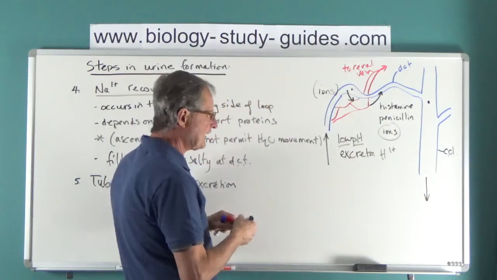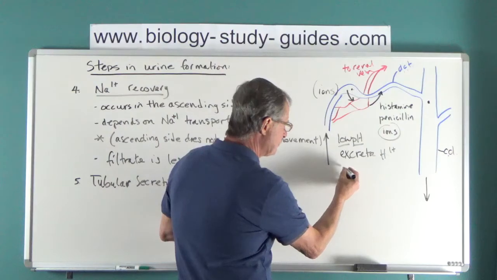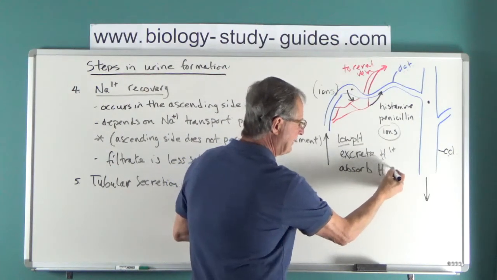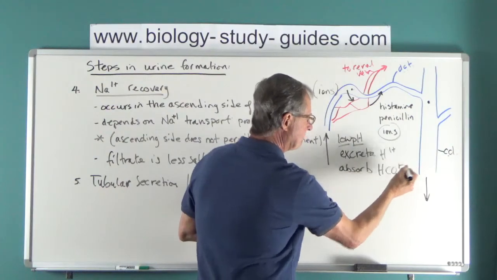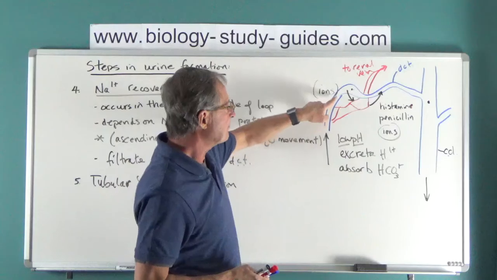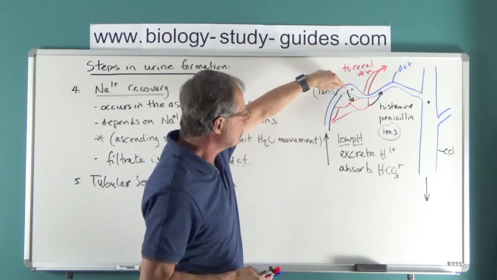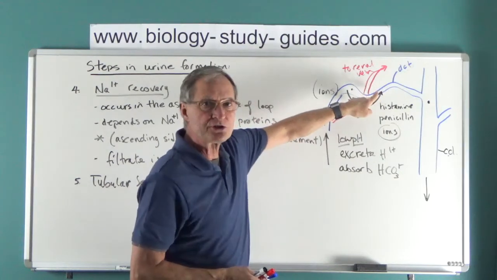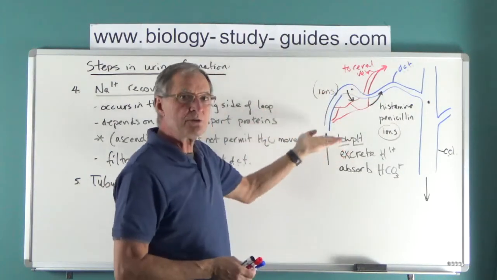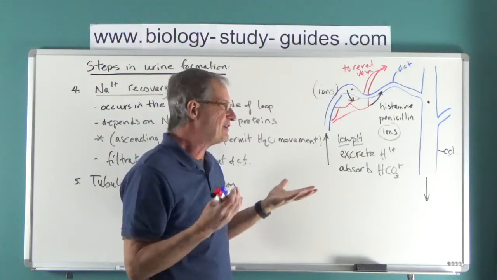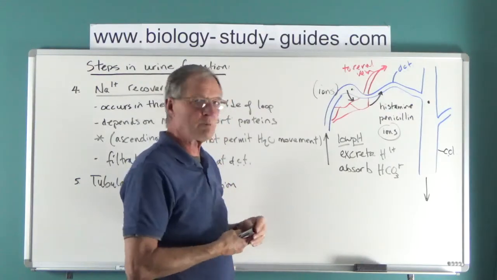We also at the same time can absorb bicarbonate ions. Bicarbonate ions are present in the filtrate. So if we absorb the bicarbonate ions and excrete the extra hydrogen ions, that will raise the pH and bring things back to about 7.3, 7.4, which is more of a normal range for pH.